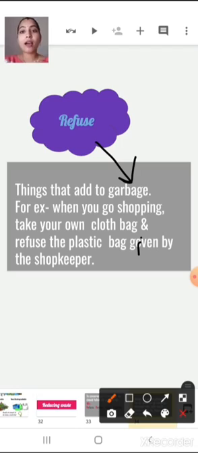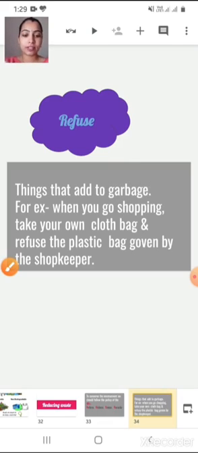We should carry our own cotton bag, and in the cotton bag we will carry things like vegetables and fruits. We will come back home, wash it and use it again. Yes or no? So we should refuse those things which create garbage. Now let's see the second one.